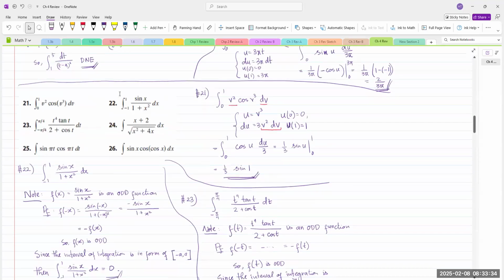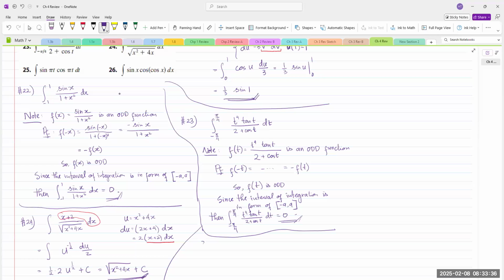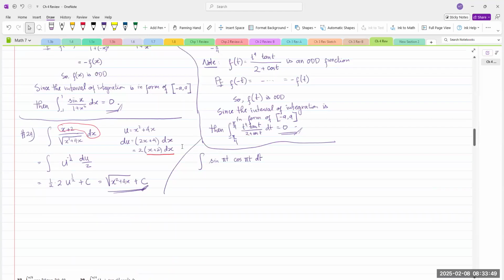Let's see the next one, number 25. Integral, oh, this one is hard. Integral of sine pi t cosine pi t dt. I can do this problem in 3 different ways.